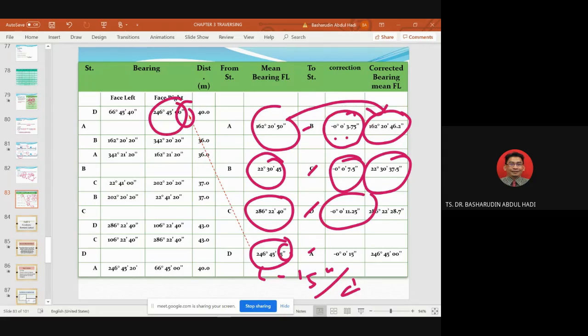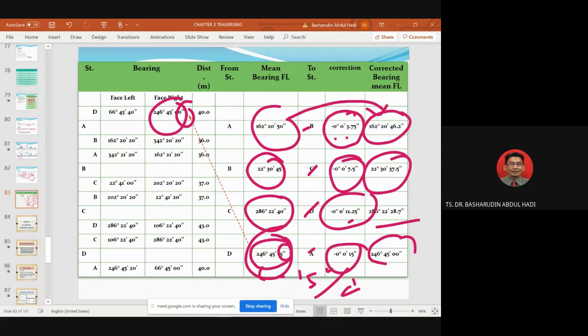You minus with 0 degrees, 0 minutes, 11.25 seconds, and then you get this value. And lastly, you minus with 0 degrees, 0 minutes, 50 seconds. So you get 246 degrees, 45 minutes.